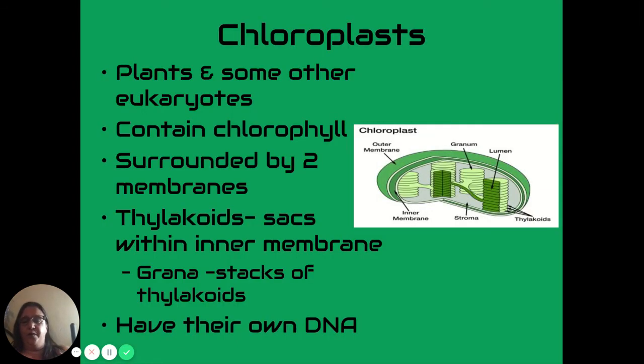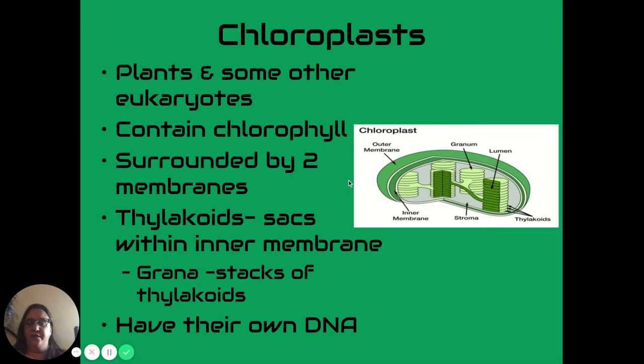Then we have chloroplast, which is a type of plastid that contains green pigment or chlorophyll. Some other organisms have this besides plants, but it's mainly found in plants. So like a type of protist called a euglena will have some chloroplast in it. Okay.